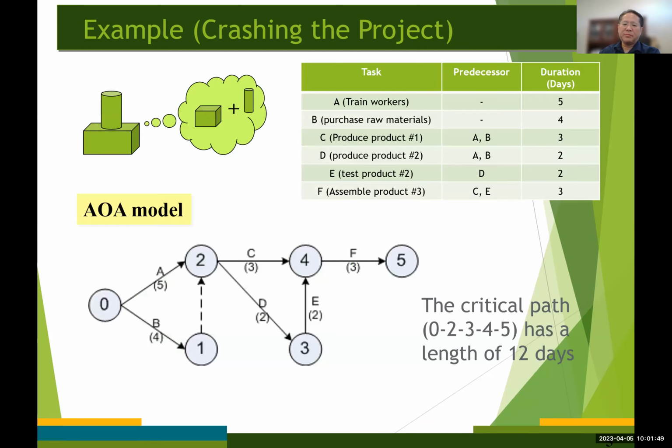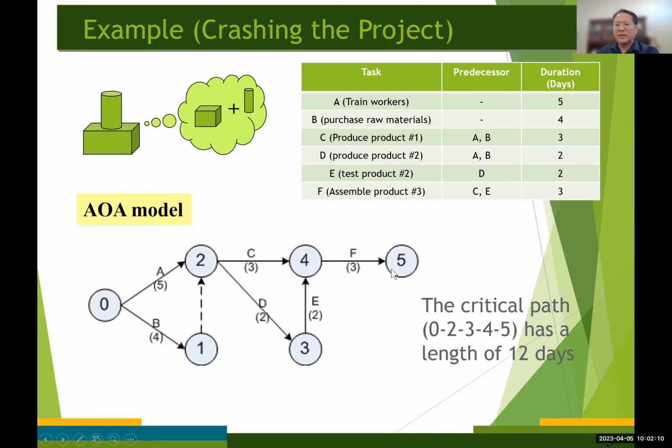So the project network diagram, the activity-on-arc, AOA network diagram, can be constructed like this based on the table information. Node number 0, event number 0, is the beginning of the project.